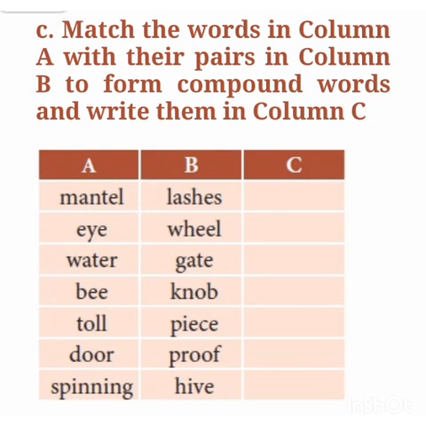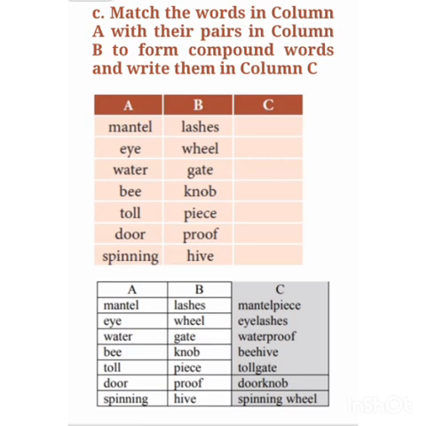The next one, C. Match the words in column A with their pairs in column B to form compound words and write them in column C. A, question is given. B, answer. You have to choose the correct answer and then write it in column C. The question is mantle. Mantle, answer from B you can select piece.